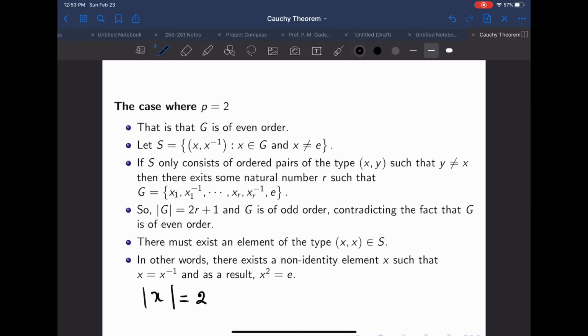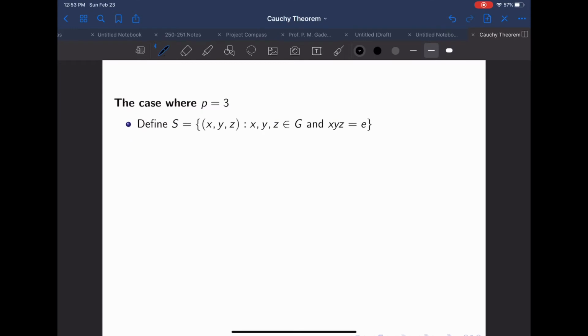Now let's look at the case where P is 3. In this case, let's consider the set S of all triples of the type (x, y, z), where x, y, z are in G, and additionally, if you take the product xyz, you get the identity.